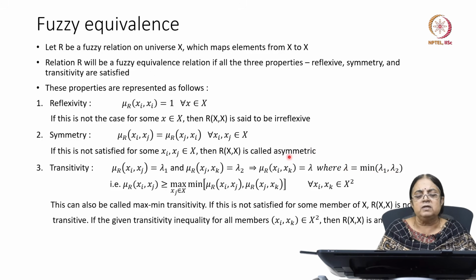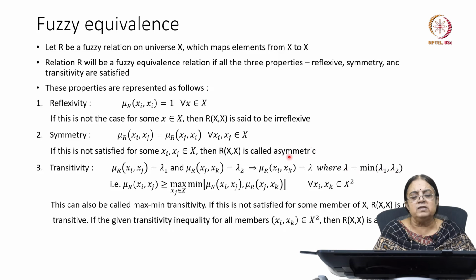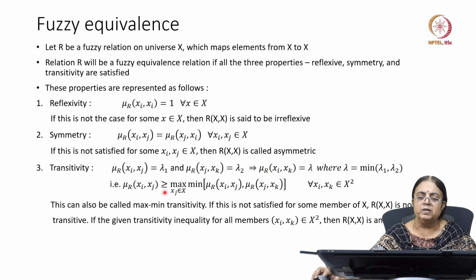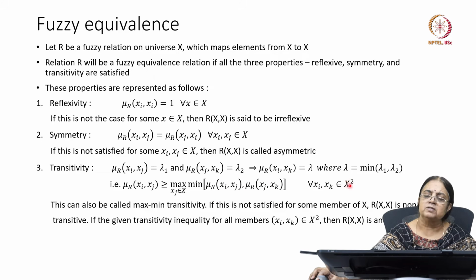If that is the case, then you say that transitivity is satisfied. It can also be represented in this way: mu r xi xj should be the min of max of this value, where all xi and xk belong to x squared, or x cross x.